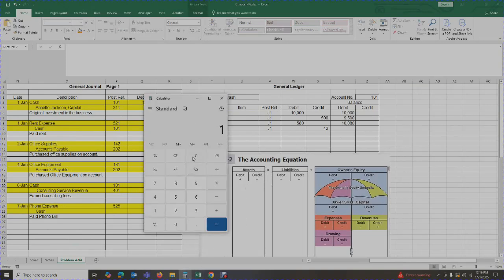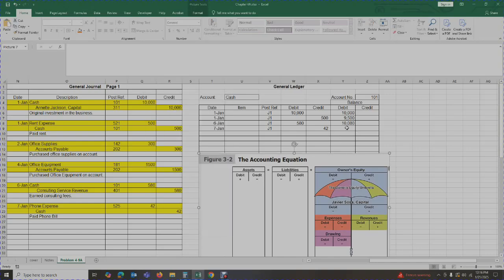My prior ending balance was $10,080. I've got a credit of $42. That's going to take my ending balance to $10,038 debit. Okay. So those are the entries. Remember, then we have to go back and enter the account number of 101. So this is the logic that I use to complete this problem.